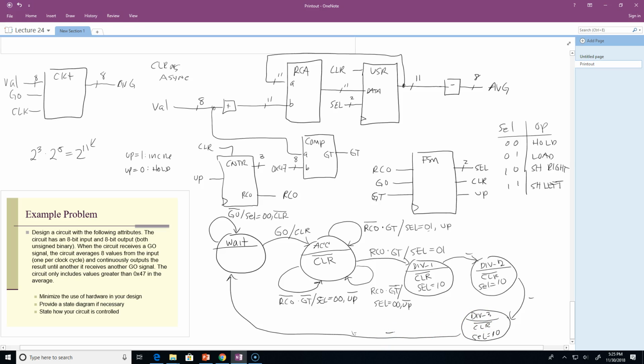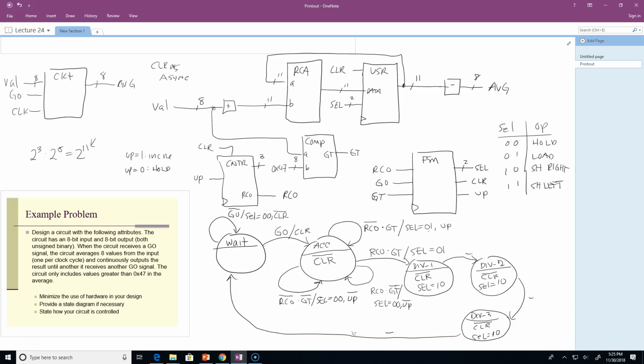I think I'm done with this problem. Let me look through it to see if I forgot anything. Up is a don't care here. I could put it there, but it doesn't really matter, so I'm going to leave it out. I'm going to call this done.